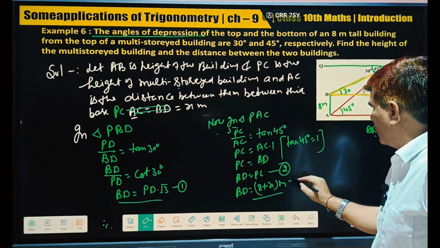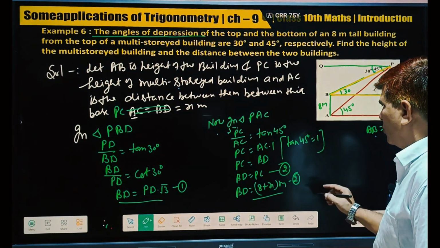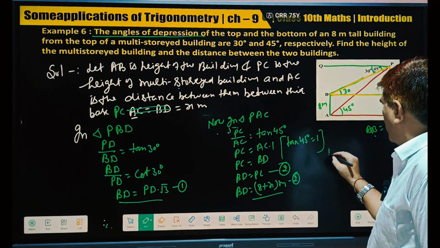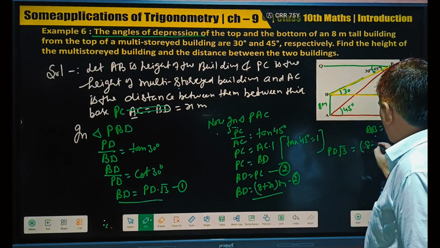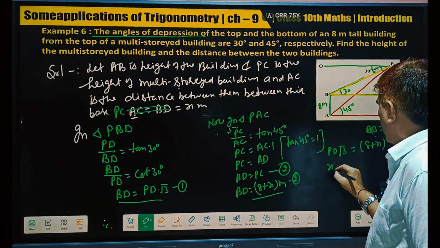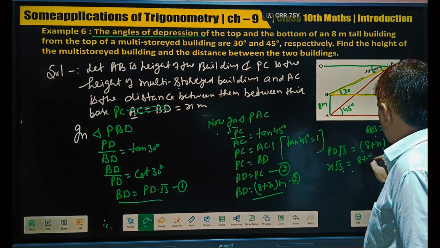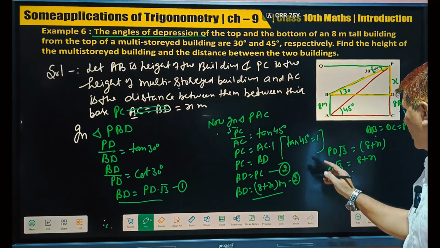Understood? Comparing first and second, left hand side equal, so right hand side also equal. This is BD, under root 3 equal to 8 plus X. What's your PD? X. It means X under root 3 is equal to 8 plus X. Bring X to that side.